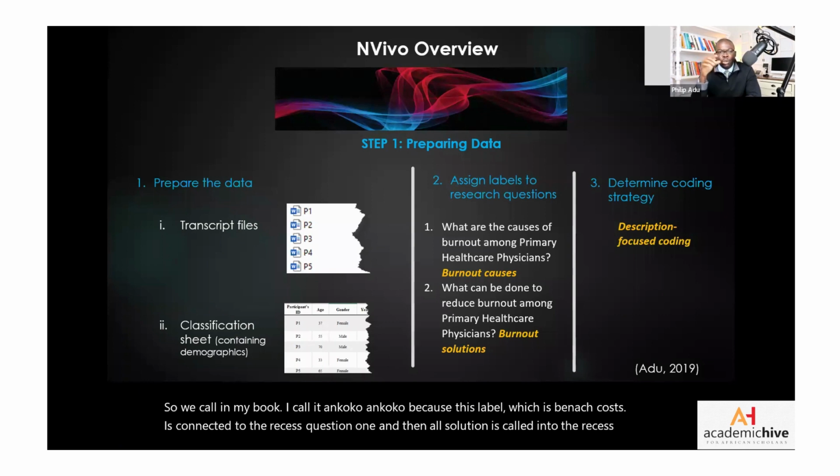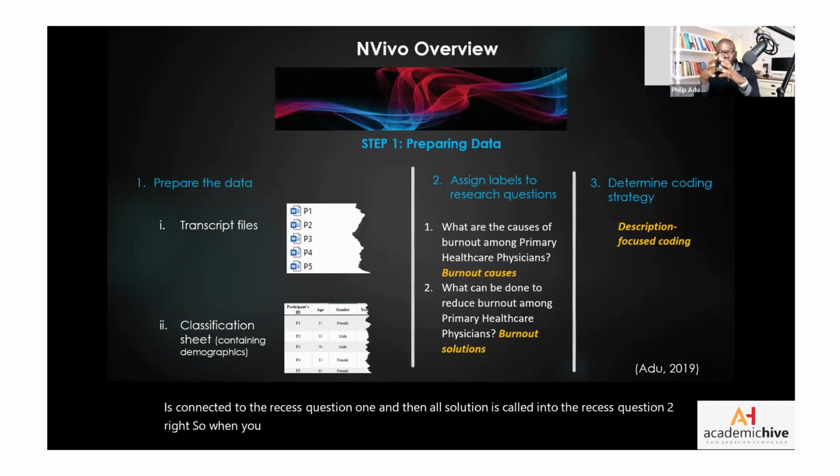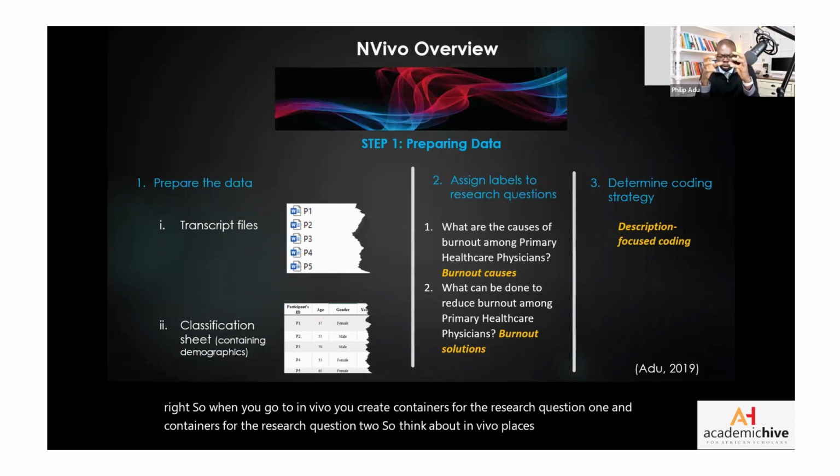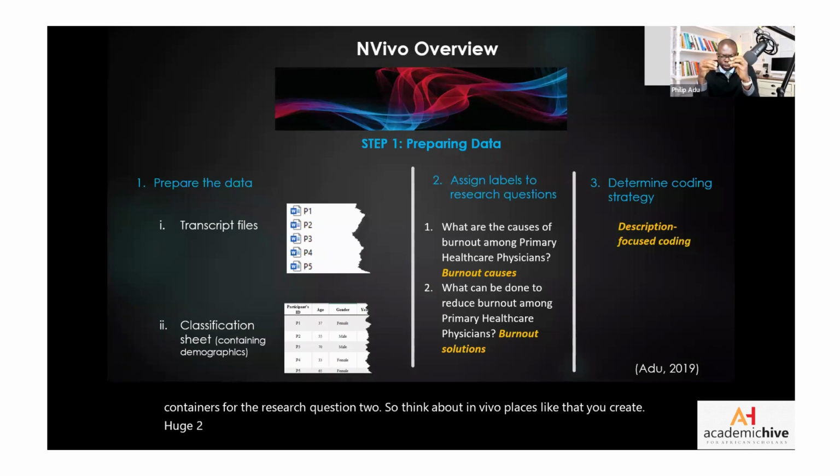So when you go to NVivo, you create containers for research question 1 and for research question 2. Think of NVivo like this: you create 2 huge containers, one for each research question, and then under each you have small containers, which are codes.